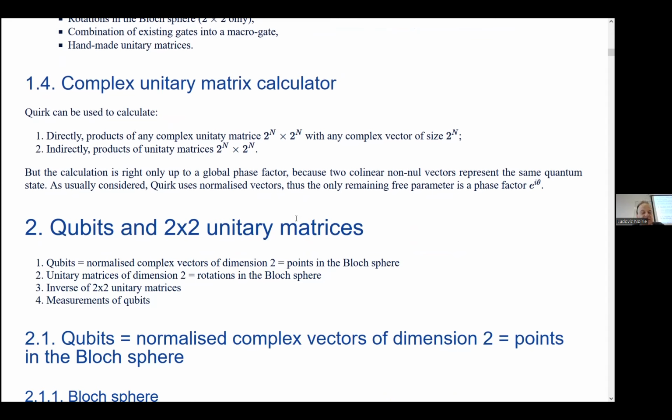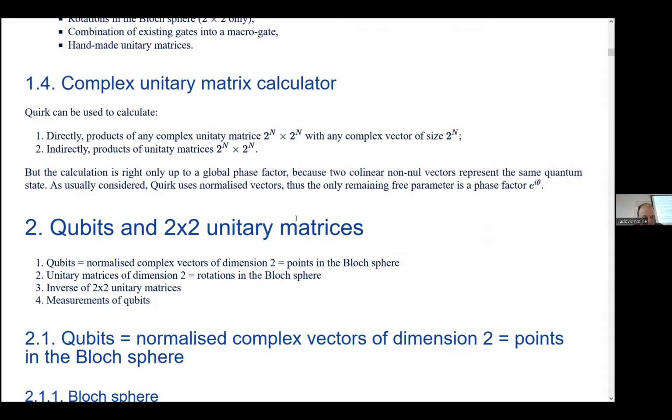It can be seen as a complex unitary matrix calculator, but be careful. In quantum mechanics, the quantum states are represented by vectors that are defined up to a phase factor. This implies that the unitary matrices are also defined up to a global phase factor.